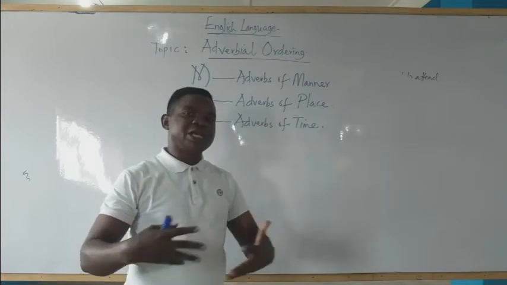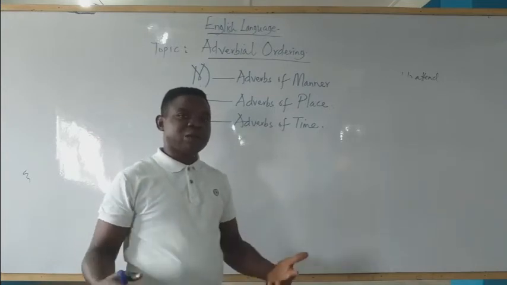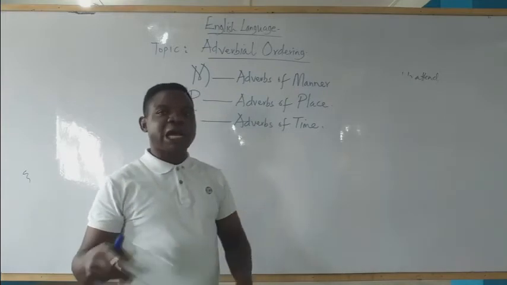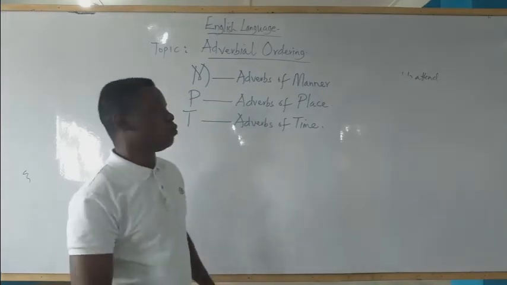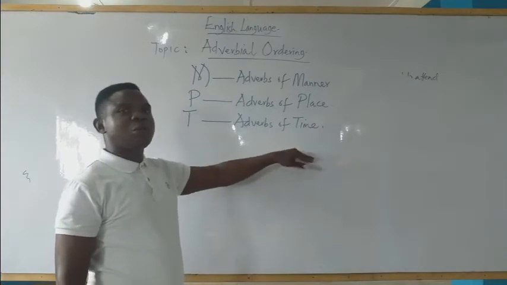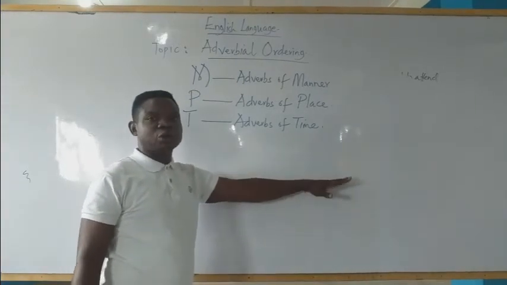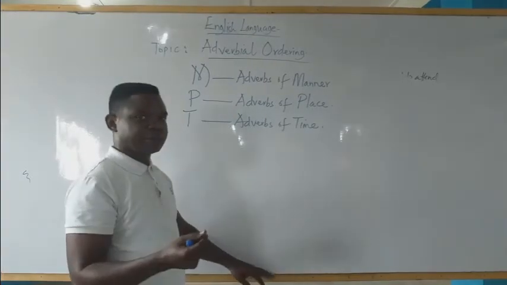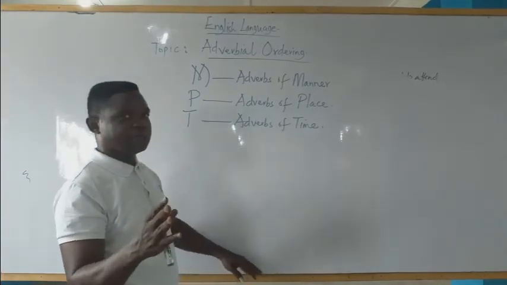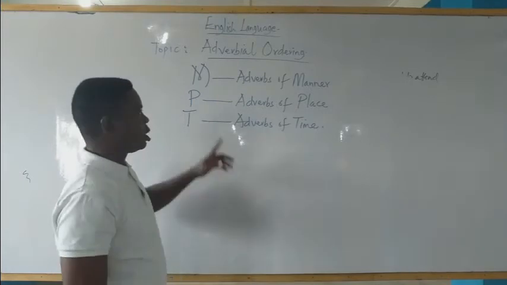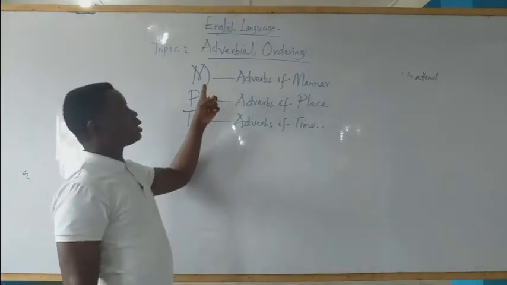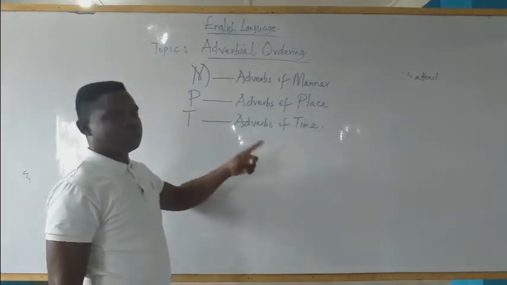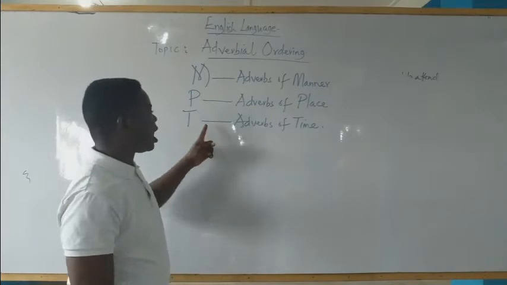Therefore, when a sentence has more than one adverb, there is an order to which you have to put them, and that order is given as this formula, MPT: adverbs of manner, adverbs of place, and adverbs of time.